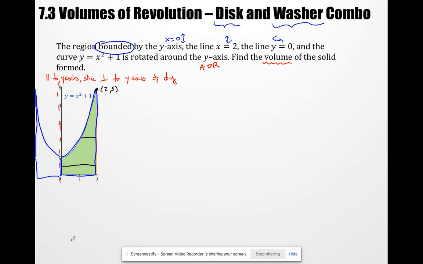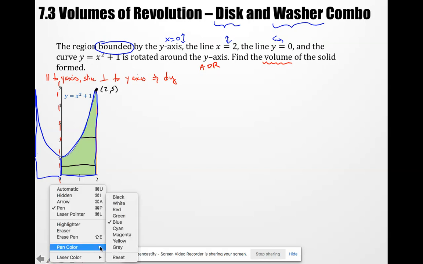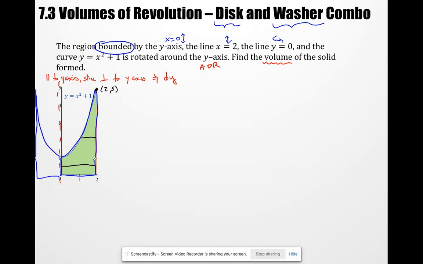There we go. And I'm going to spin. There's my potato chip. Here's my lifesaver. So I'm going to add up the radius squared dy from 0 to 1.